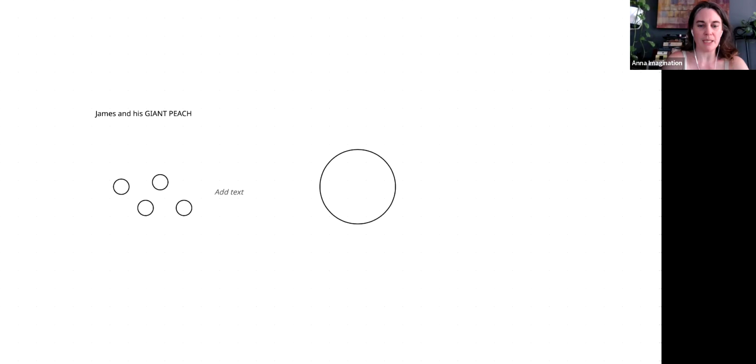So this is going to be 4 peaches, which implies 4 whole peaches. And over here we have 1 whole peach. But this whole peach is not at all equal to the other peaches.